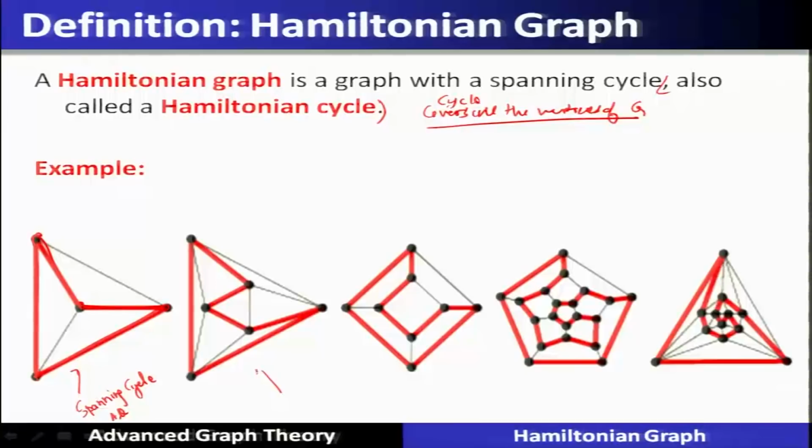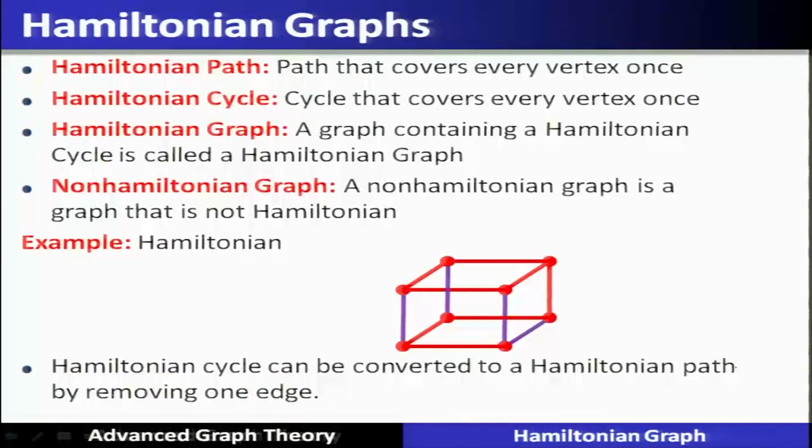Another example, here we can see this spanning cycle exists in another graph, which covers all the vertices of this particular graph. Similarly, all the examples shown over here are examples of Hamiltonian graphs, because they contain a spanning cycle within them. A Hamiltonian path is a path that covers every vertex.